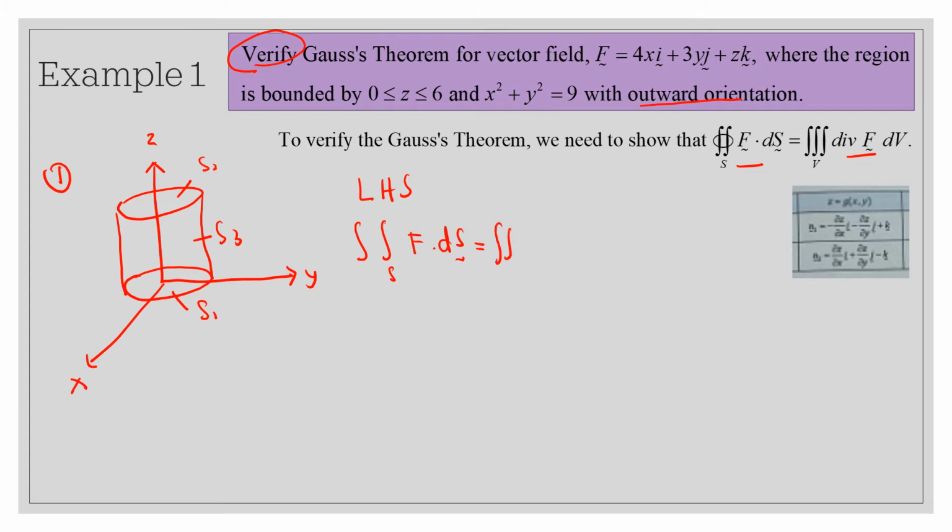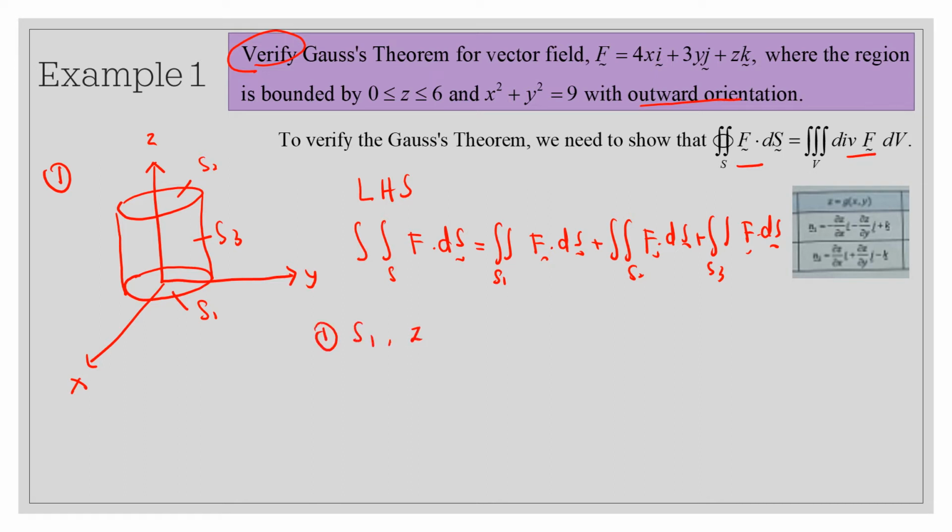So here, double integral F dot dS for S1 plus double integral F dot dS for S2 plus double integral F dot dS for S3. Okay, we need to double integrate each part of the surface. Okay, let's start with S1.